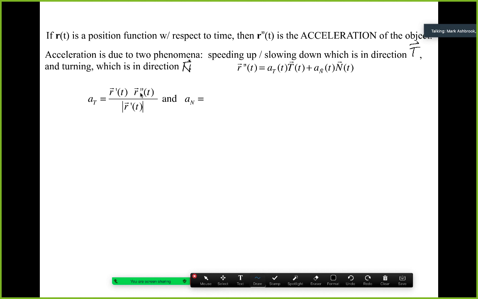How does this compare to the tangent direction? Same direction. This is the direction of t.